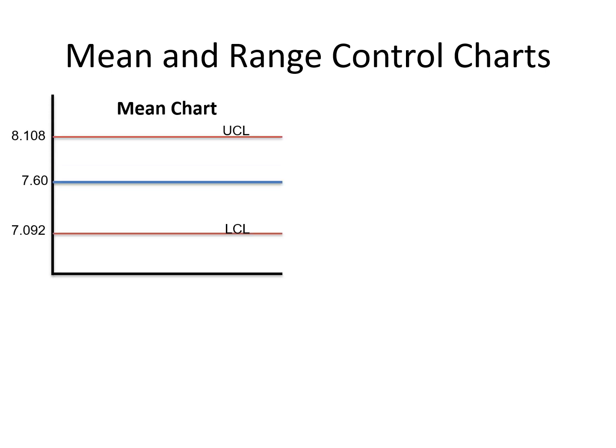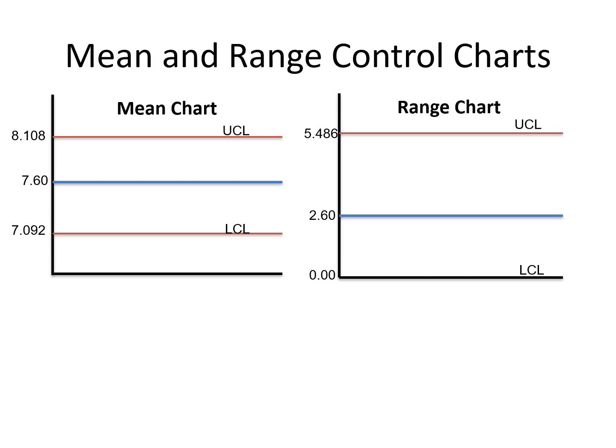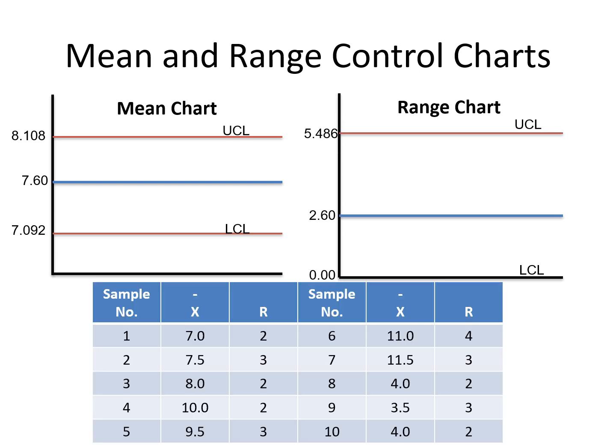Now that we have drawn the two charts, let us have a look at the mean chart and the range chart along with the basic data. Here we see that in the mean chart, if we are to plot the various points, the first point, which is X bar, is coming as 7.0, somewhere here.